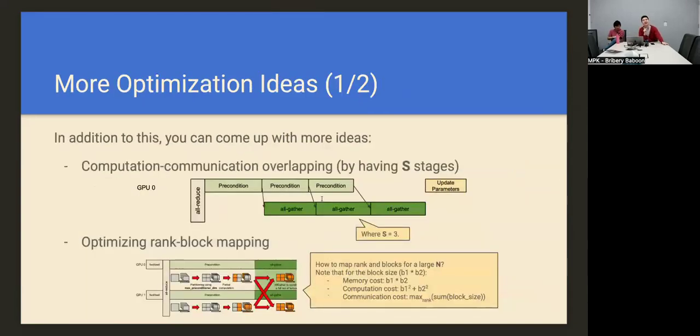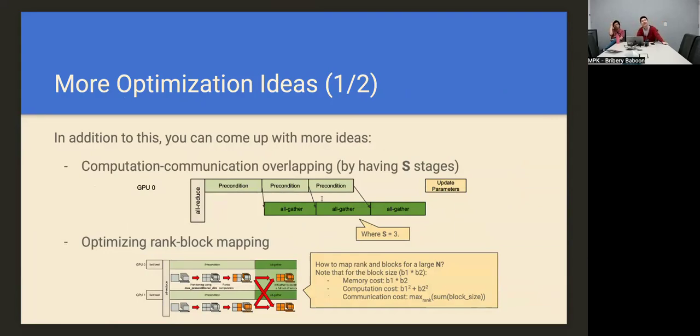If we go a little bit more, I think you can instantly come up with some optimizations. One thing is computation communication overlap. I think you've heard of it. If you overlap it, you can hide some computation cost or communication cost. By using, for example, S stages, you can define S stages and then you can create some overlap. Also, you can optimize this rank block mapping, how to map those block tensors.